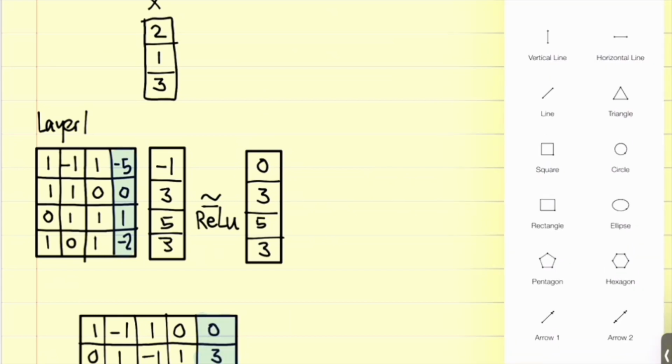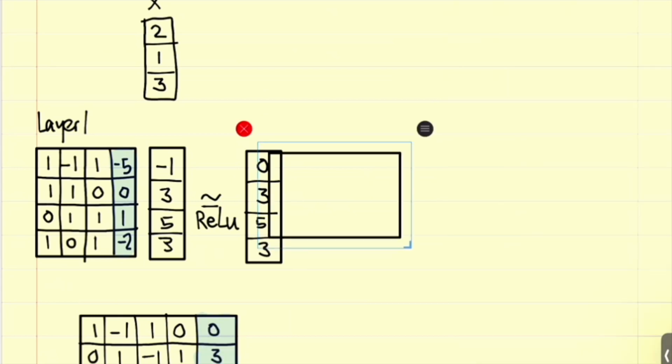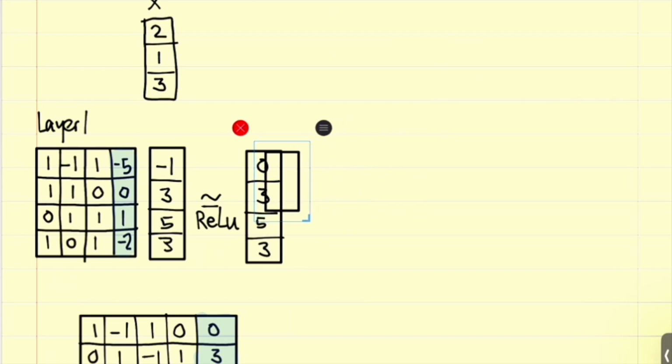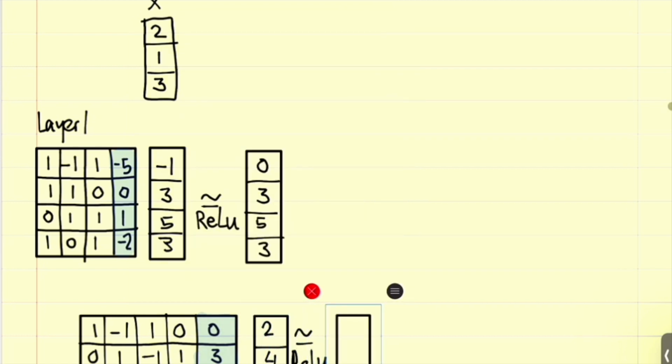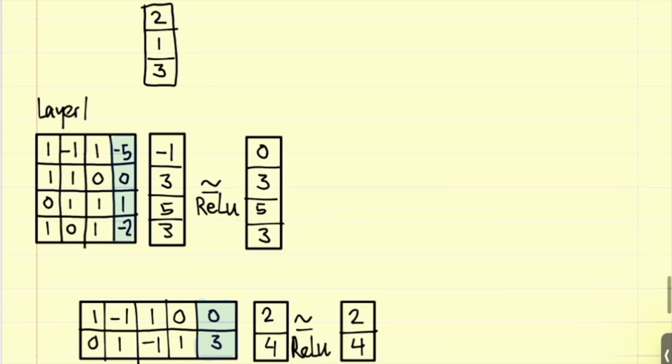If we do the thing again, we get to 4, and therefore ReLU goes then to 2, 4, so no change. This is layer 2.